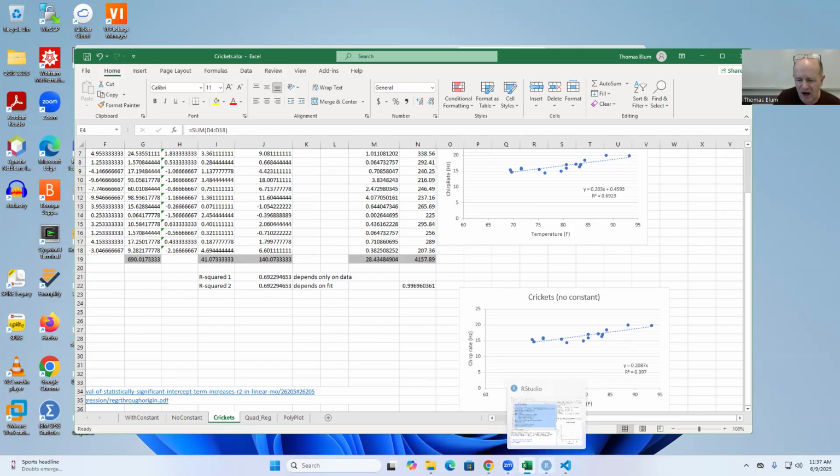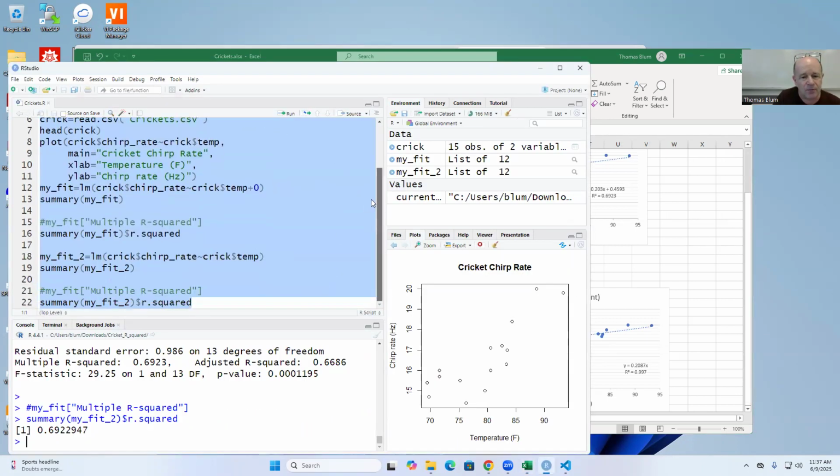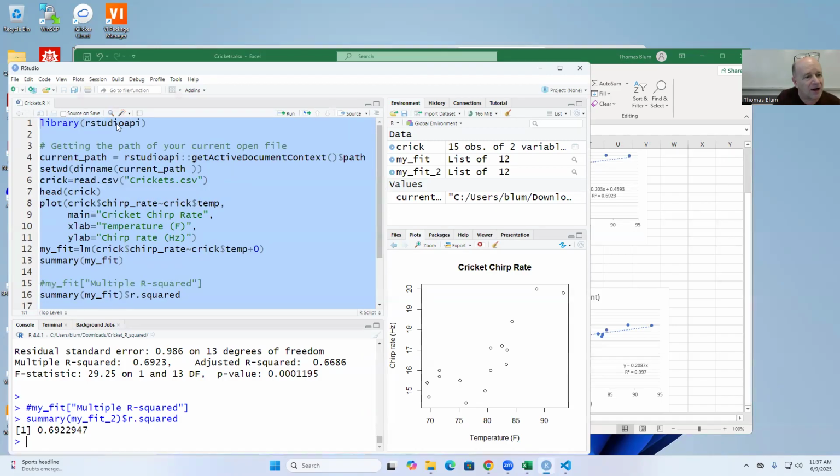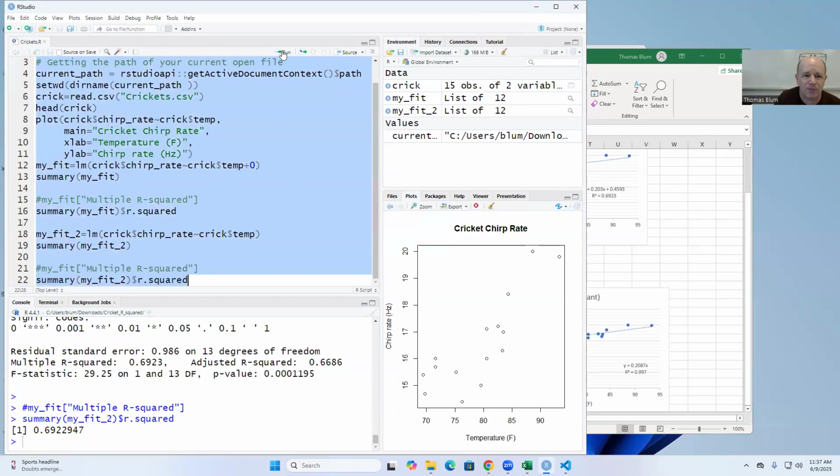So then I brought in R, and I brought in this library to allow R to give me R-squared, and I do a similar thing here. I can make a constant. So there is my fit.